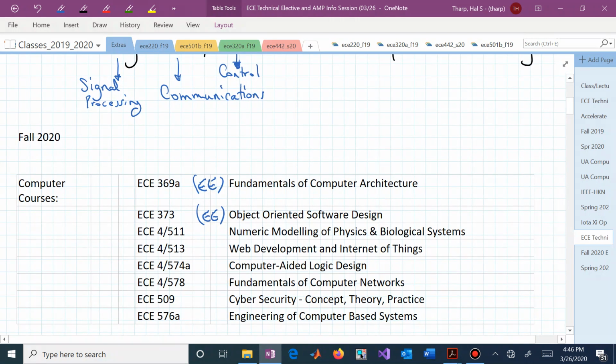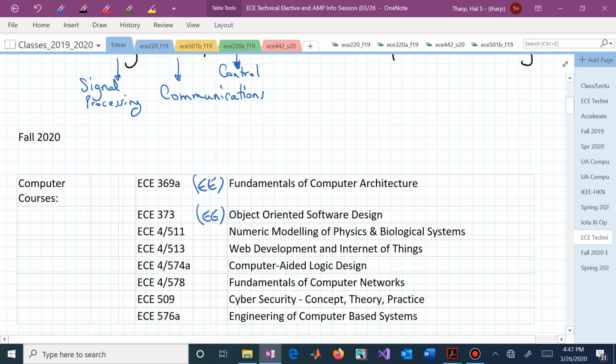And you'll notice that I have actually included some 300 level, but those are only available for the students that are not required to take those classes towards their degree if they are in the computer engineering option. So 369A, how do you build a computer from scratch, computer architecture, that's now available for electrical engineering option students.